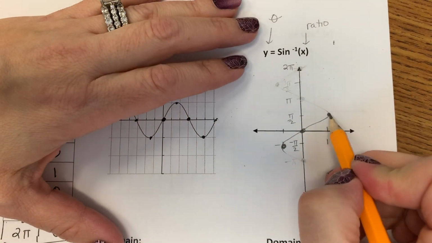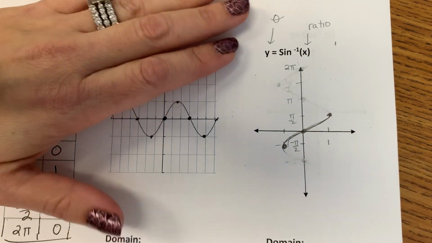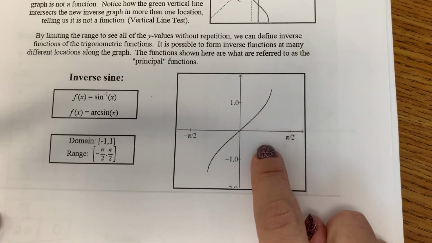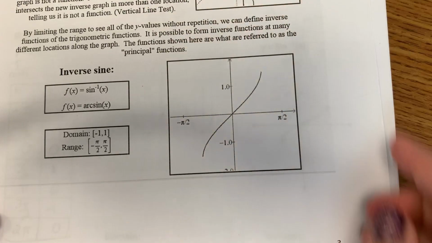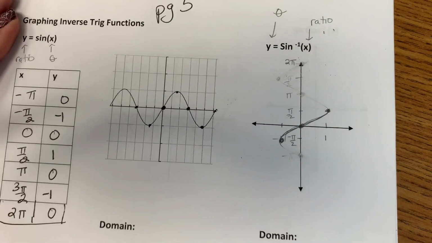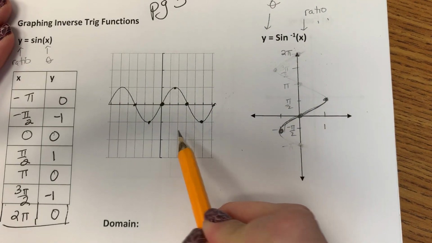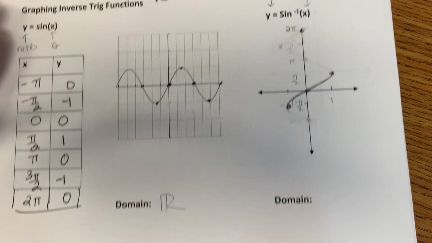And the official graph is supposed to be kind of curvy shaped. If you look at, go back to page 3, this is what we just graphed by limiting our wave that was reflected. So the domain of the regular sine function is all real numbers.